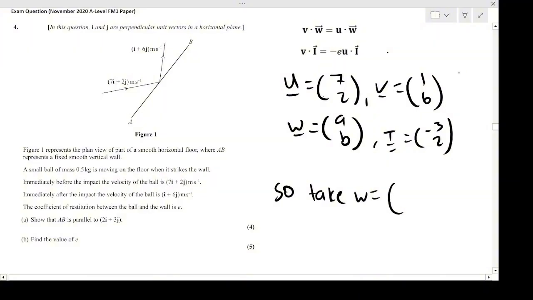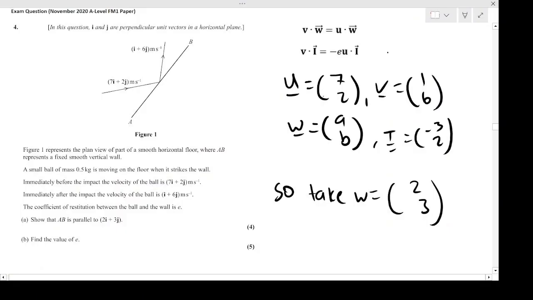So -3, 2 will flip to 2, -3, and then we can negate one of them. You might think we could do -2, -3, and that's perfectly fine. Or we could get rid of the -3 to go to +3, and hang on, that matches the vector they've got there. However, that wouldn't be sufficient because we did a rough trick there.